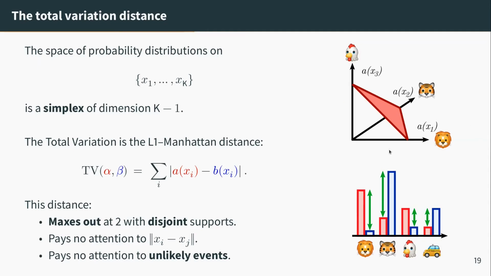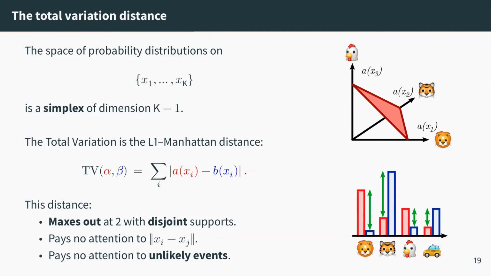And here I am displaying it to you with just 3 classes: lion, tiger, chicken. So I have 3 weights, a of x1, a of x2, a of x3, that I have to choose. All coordinates should be positive. The weights should sum up to 1. It defines this triangle. So the dimension of the space of probability distributions is k minus 1, the number of labels minus 1, because you have one scalar linear constraint.